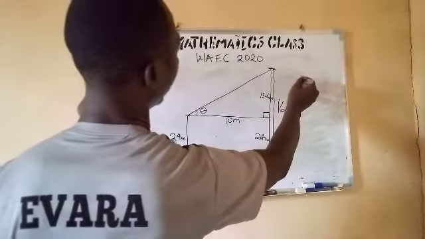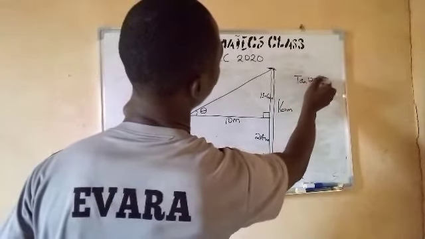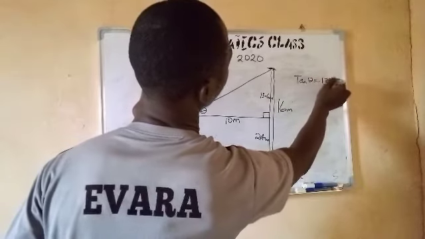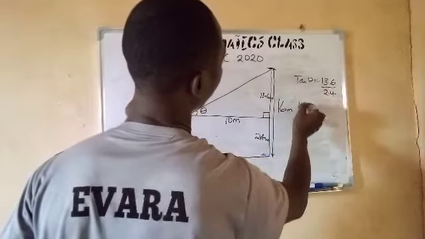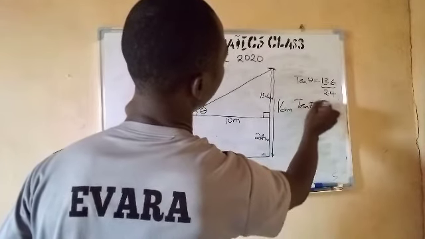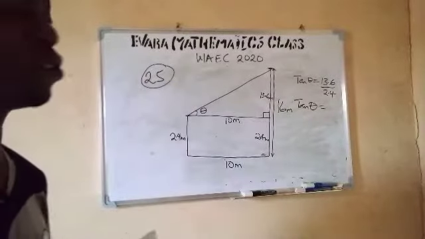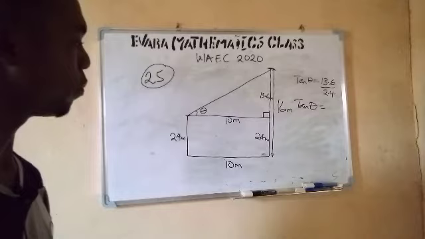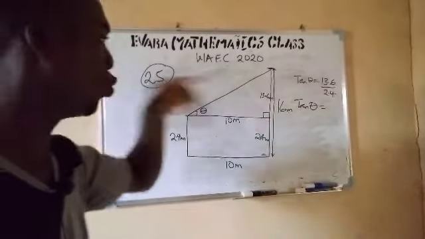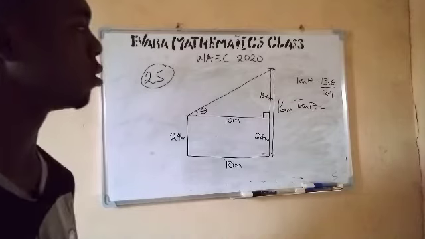Then that will be tan theta equals 13.6 over 2.4. So if we do this with calculator, we divide 13.6 by 2.4. Let's see what that will give us.